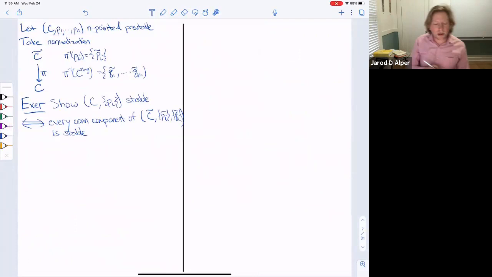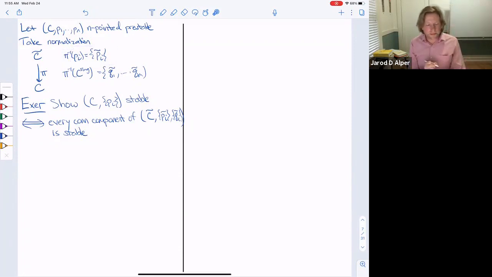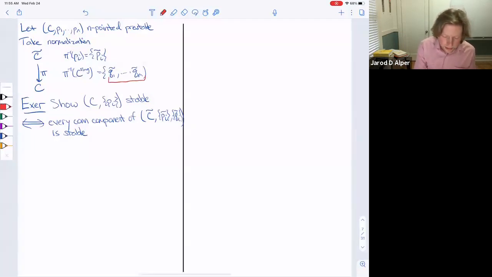Again, that means already that the points p_i are distinct and smooth in C. And then we take the pointed normalization C tilde, and note that since p_i is smooth, its pre-image under the normalization is a unique point. And let's let the pre-image of the singular locus be denoted like this. So these are all the points in C tilde over nodes.